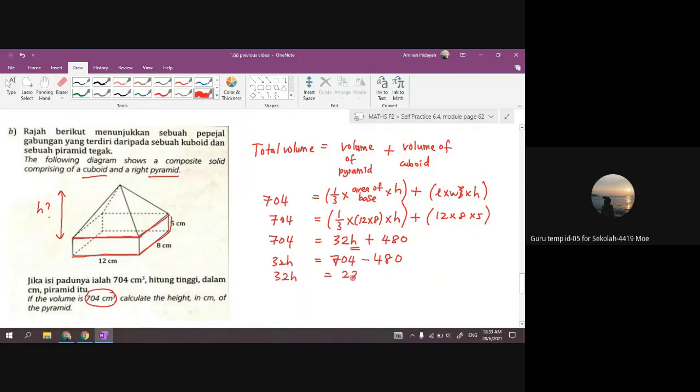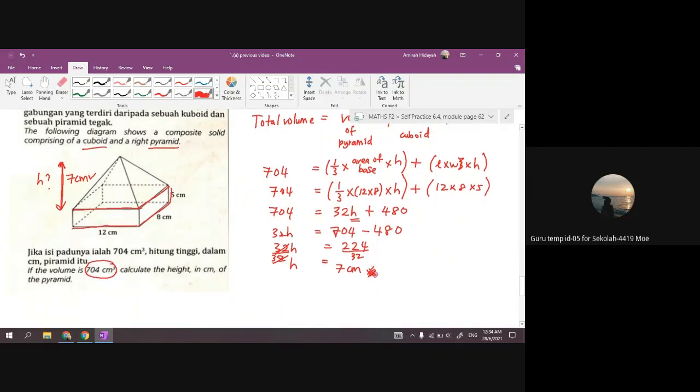So 32H equal to 224. So H equal to, okay, divide by 32, then divide by 32 as well. So you will get 224 divided by 32, you will get 7 centimeter. So the height of this pyramid is 7 centimeter. Okay, so answer.